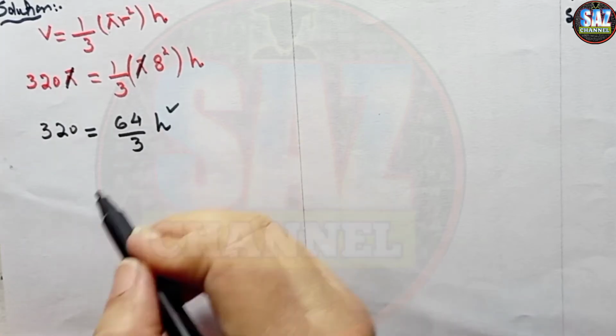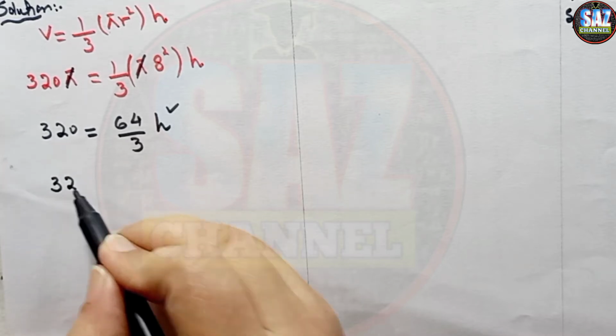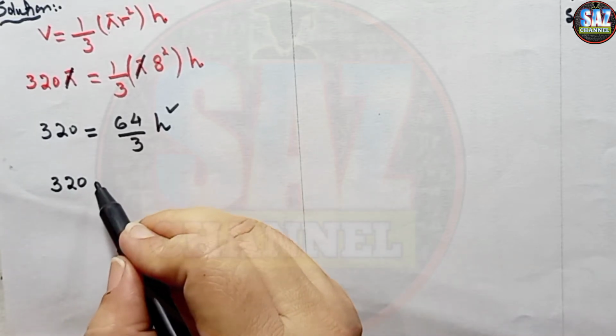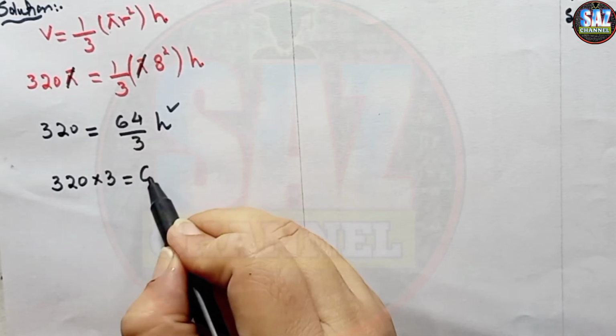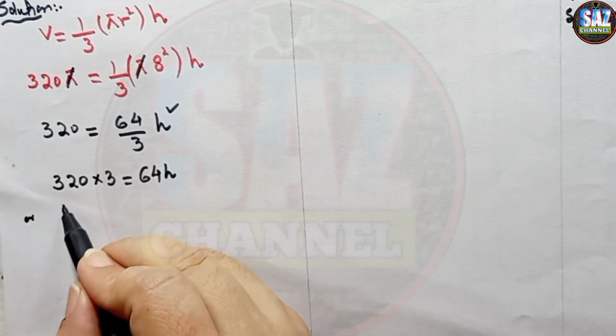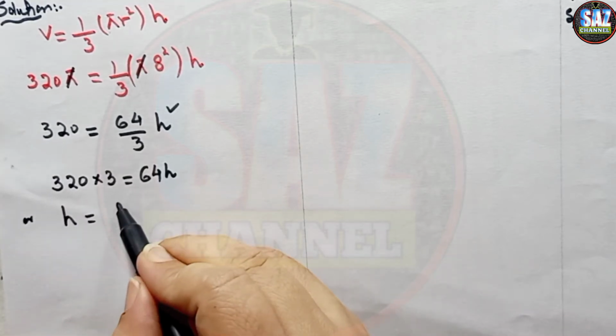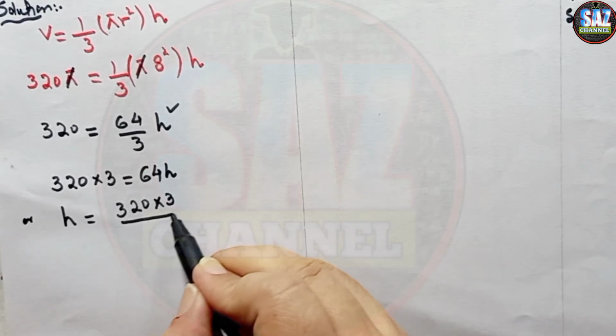Now in order to find value of h, I have to shift 3 to other side, and equation will take the form 320 multiplied by 3 equals to 64h, or h will be equal to 320 multiplied by 3 divided by 64.